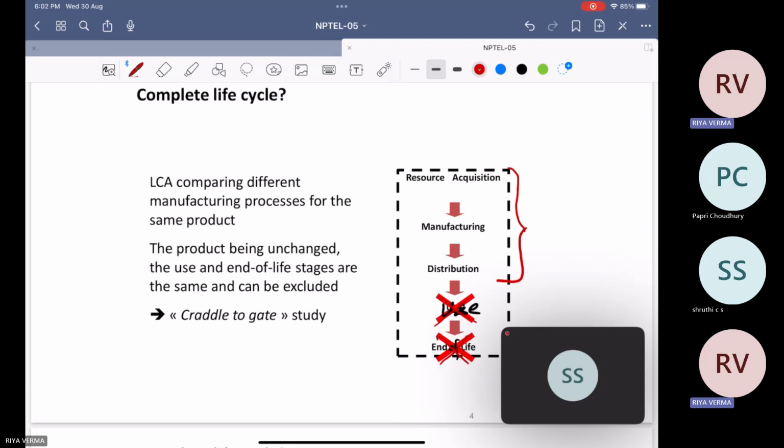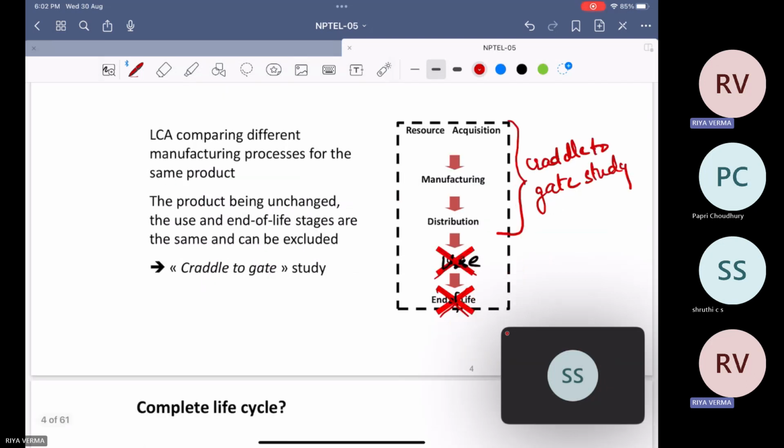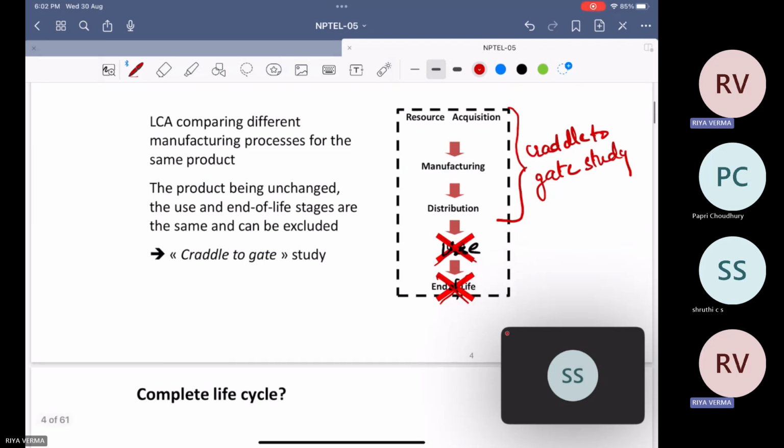So this type of study is known as a cradle to gate study, where we omit the use and end of life phases and are concerned only with the first, second, and third phase.